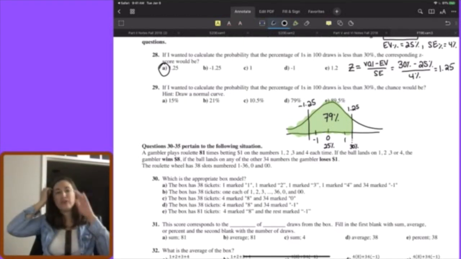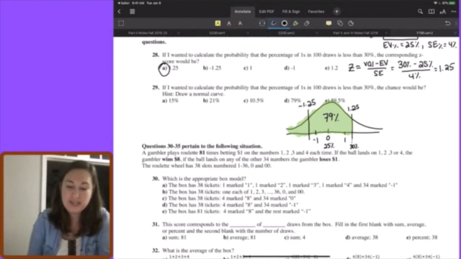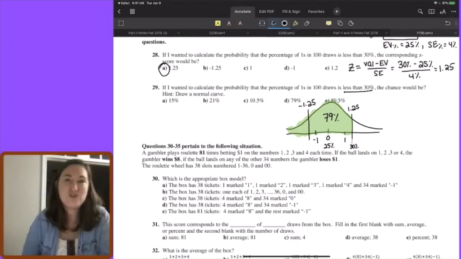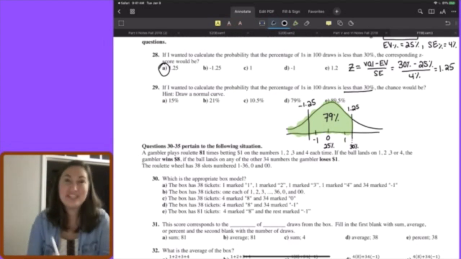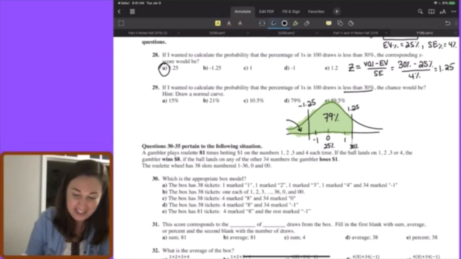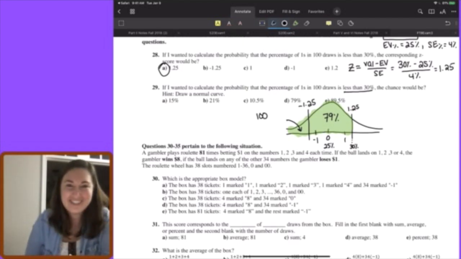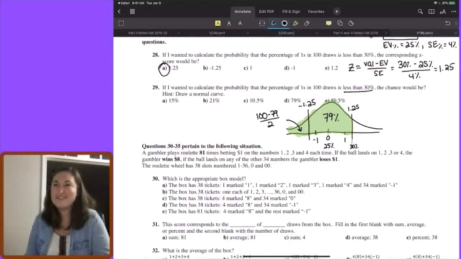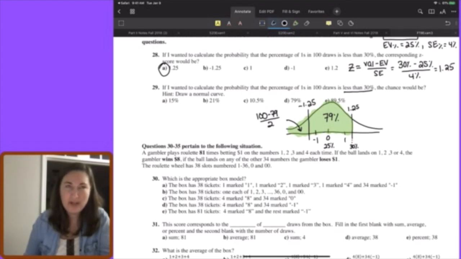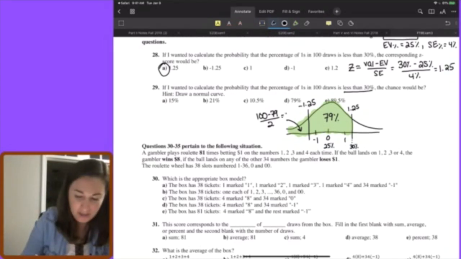That is one of the answer choices, but that's not my answer. My answer is all the green shaded area because I want everything less than 30%, all the area to the left. So I need to find this tail. To get this tail, I would just take the classic tail formula: 100 minus the middle area, 100 minus 79 is 21, divided by 2, 10.5.